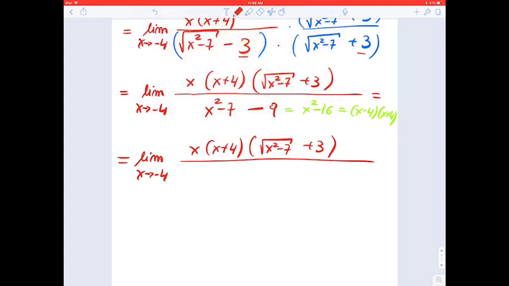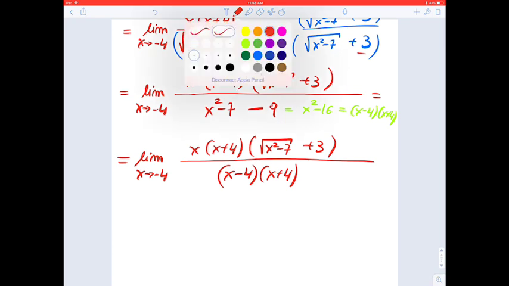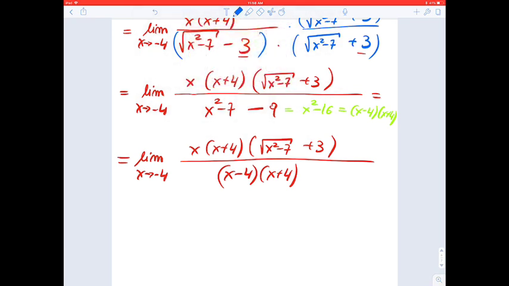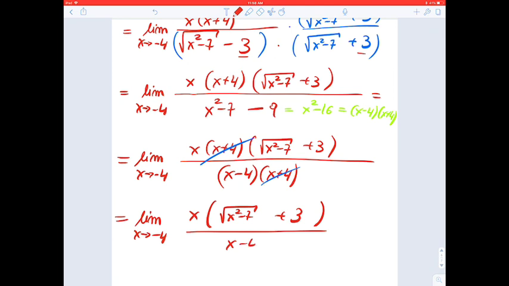That means this is my current denominator, x minus 4, x plus 4. We can see the common factor, but we did have an extra job. Okay, that's my 0. After cancelling the 0, not having the 0 in the denominator, I definitely will get a finite number. The square root plus 3, and this is all over x minus 4.